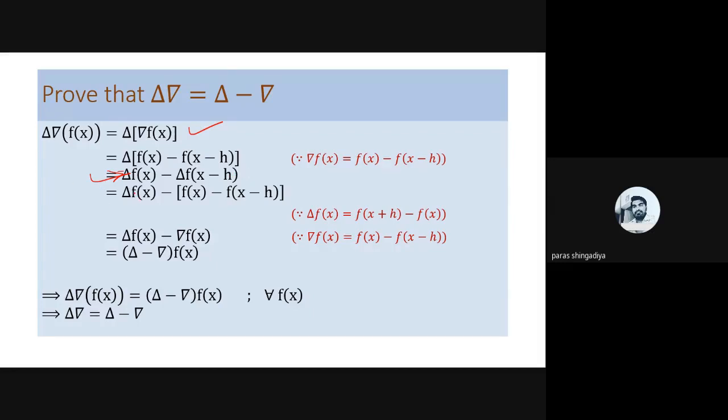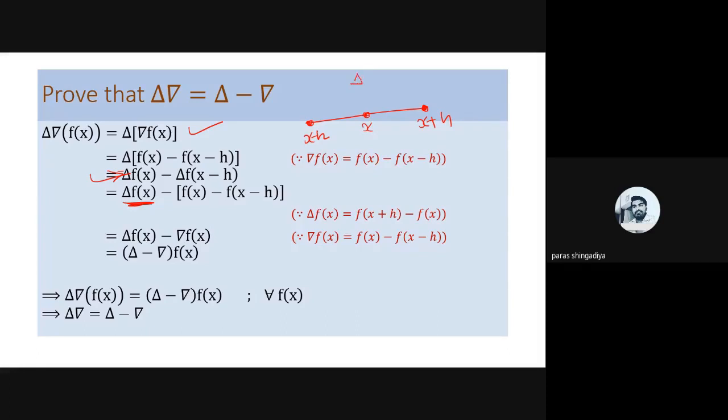Delta f(x) stays as it is as the first term, and here we write the formula of delta of f(x minus h), which is important for us. How can we create this formula? We are applying delta to x minus h. This is a number line for equally spaced data, that is x plus h, and here it is x minus h.